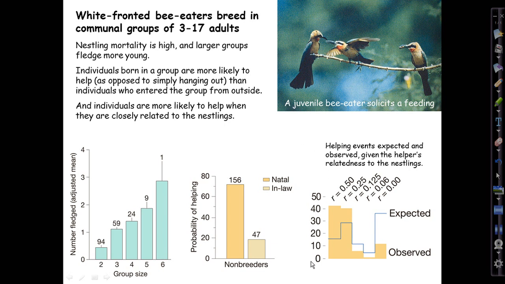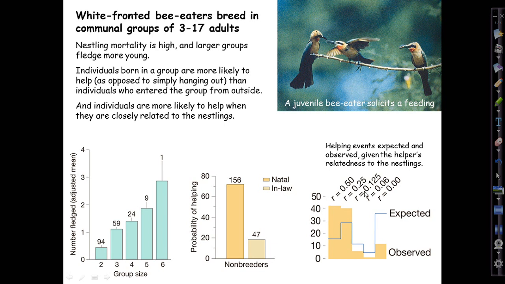And the long and short of it, again, from the textbook, so you can look up the details there if you're interested, was that the probability of helping was hugely greater for helpers that were born into the group, as opposed to those that were apparently unrelated in-laws coming in from the outside.